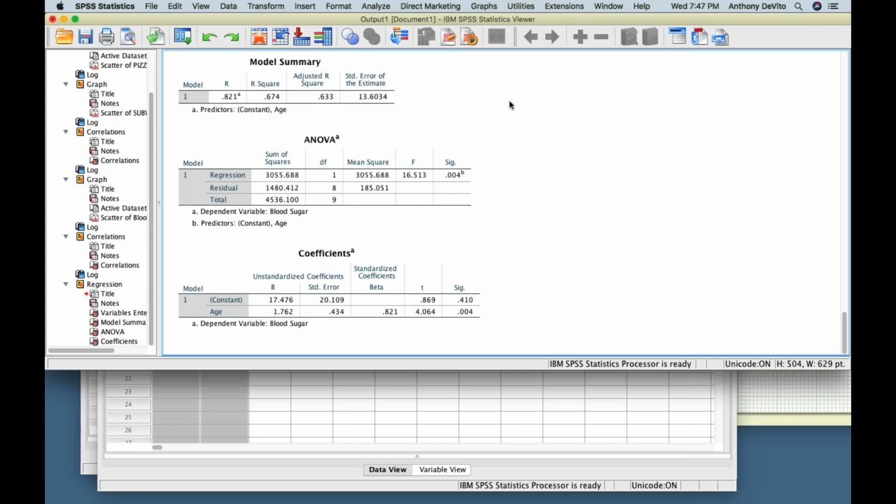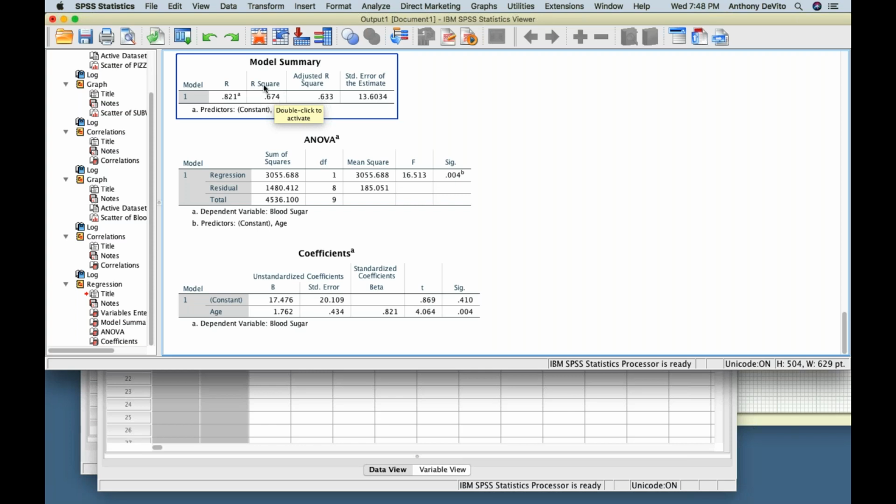It's a ratio of the error that you would predict versus the total variability of those values of y.